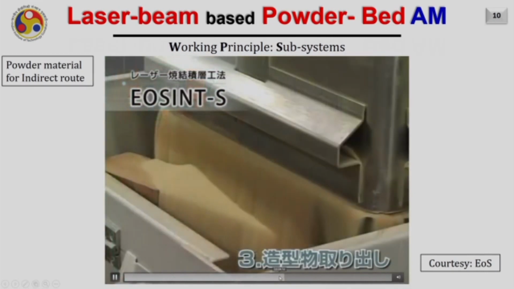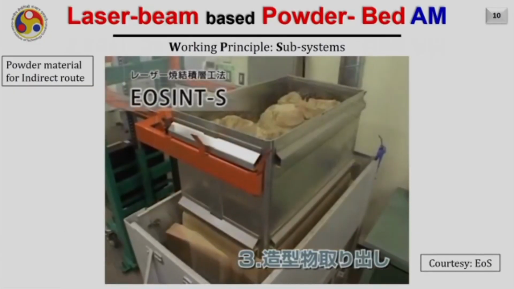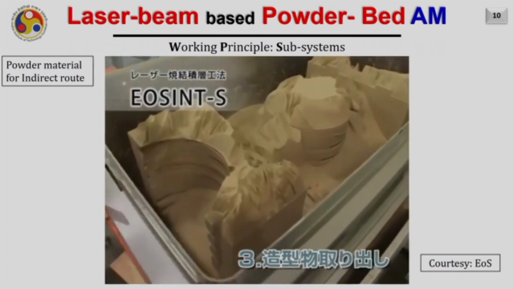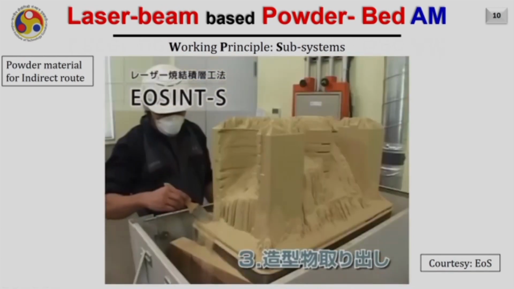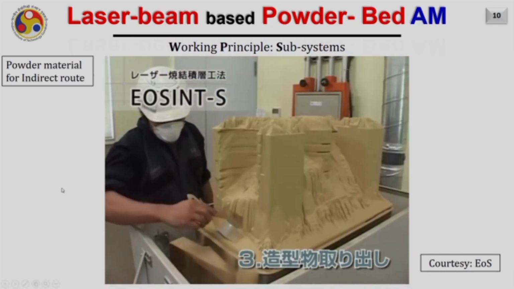The overhanging regions which are supported by the loose powder will be easily available here and the loose sand can be removed. Later on, the mold which is available inside, by simply removing these loose powders either by the brush or compressed air.